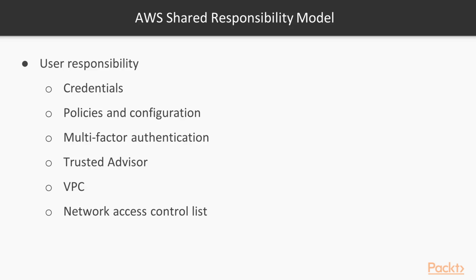Then there is Trusted Advisor, so this is going to help us to see any vulnerabilities within our environment. For example, are there any ports open to the world, or so on and so forth. You wouldn't want that in a production environment. Then users are responsible for managing their VPC. We've seen that if they want a custom VPC, they have to manage it themselves. Network access control lists are another feature that users have to manage themselves.